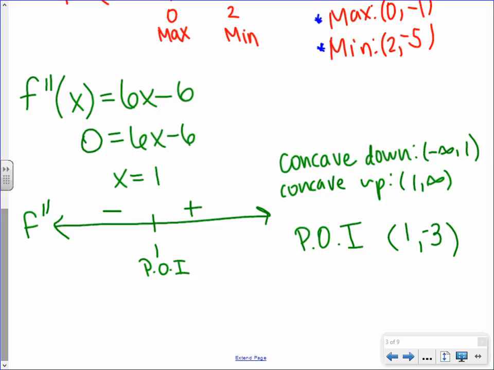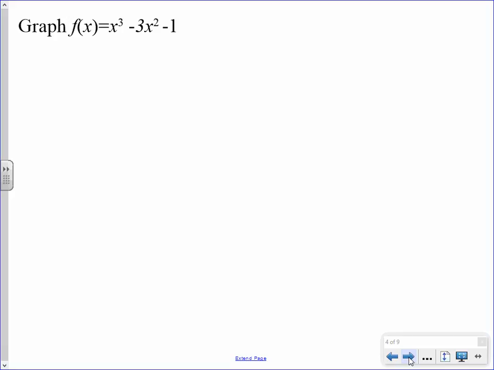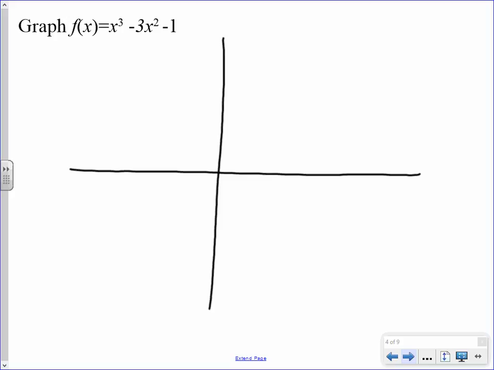Are you ready? We know exactly what this graph looks like because of all of this information. Okay. First, let's plot all of our coordinates. So our intercepts. We have an intercept of 0, -1. And 0, -1 was something else, wasn't it? It's a maximum.